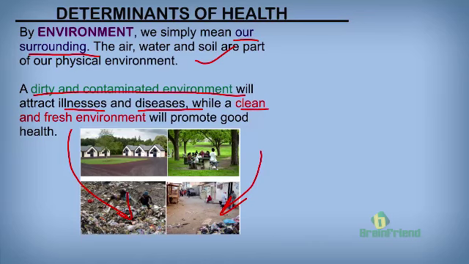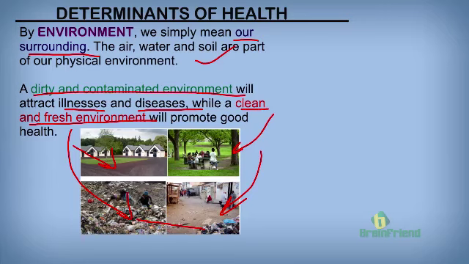While a clean and fresh environment will promote good health, you can see environments where the land is clean and fresh, probably the water and air around there is clean. Okay, we can see images of clean environments. And here we can see images of dirty environments.